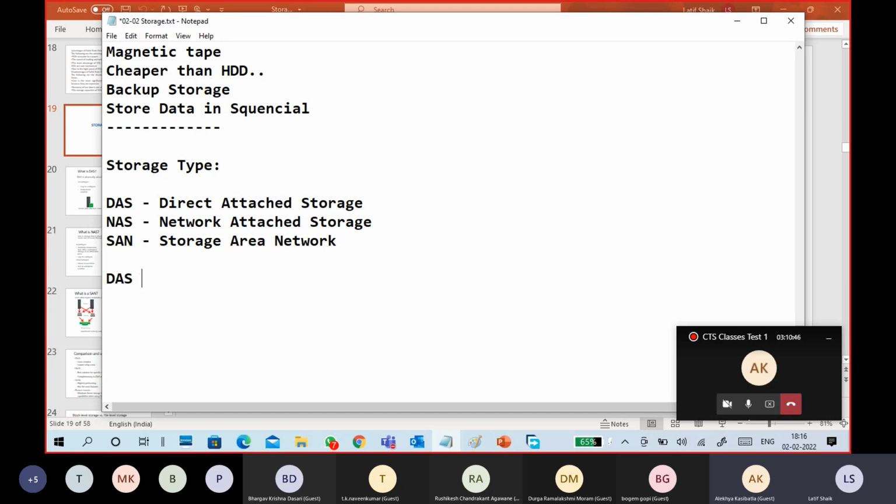So what is the DAS thing? Okay, disk, whatever it is, the disk. Disk means either it is a hard disk or SSD or a SCSI disk, which is directly attached to a system or a server motherboard.